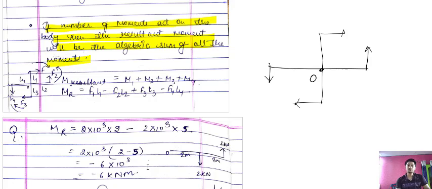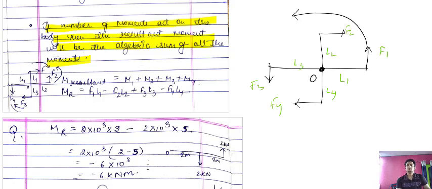Each force will produce a moment. We need to calculate the resultant moment at point O. Suppose this length is L1, this is L2, this is L3, and this is L4, and the forces are F1, F2, F3, F4.